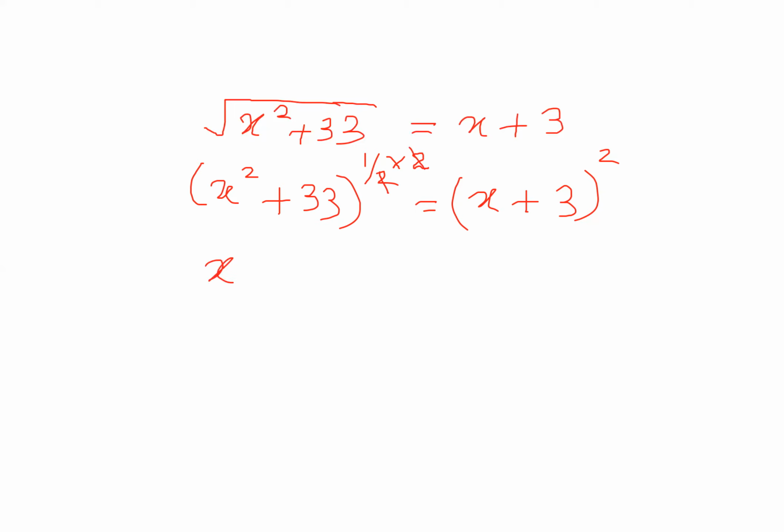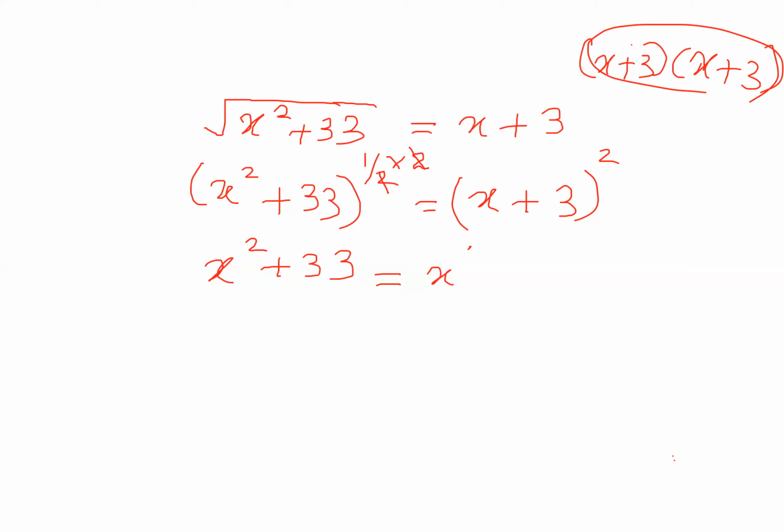That means that part is only x squared plus 33. The other side we can expand: x plus 3 squared is similar to multiplying two same expressions. So x squared, 2 times 3 is 6, the middle term is 6x, and the constant term is 9.